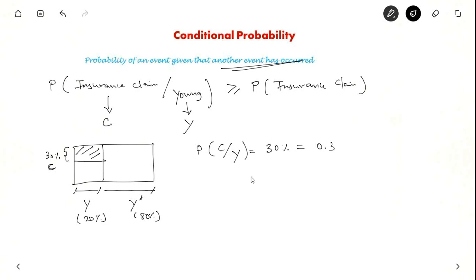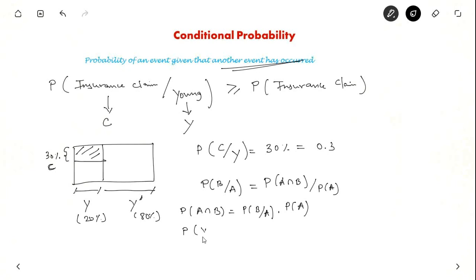Now let us see this in more detail. The formal definition goes like this: the probability of event B given that event A has happened is equal to the probability of A intersection B divided by the probability of A. We can write this more clearly as the probability of A intersection B equals the probability of B given A into the probability of A. Now let us write this for insurance claim people.